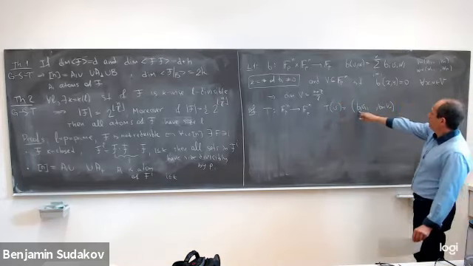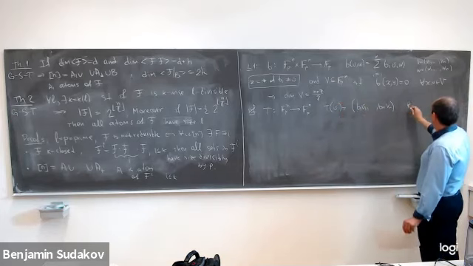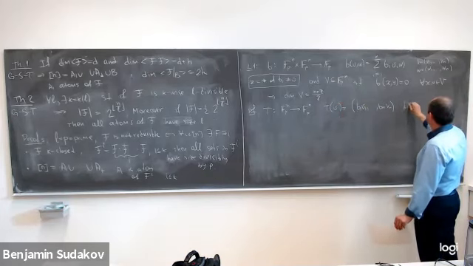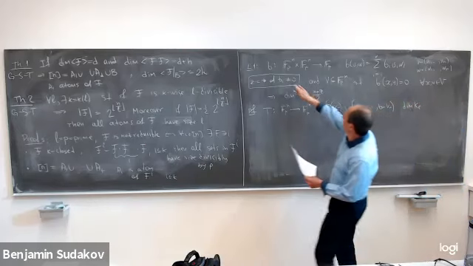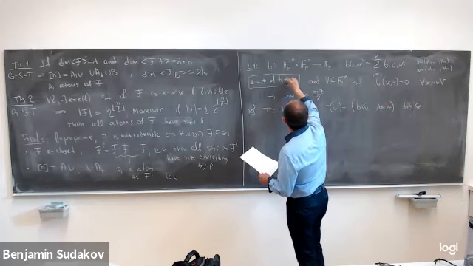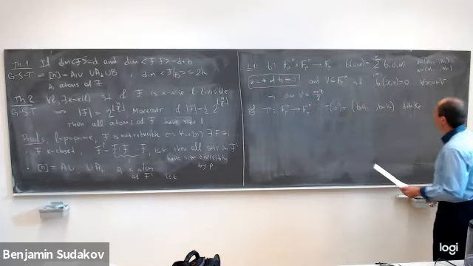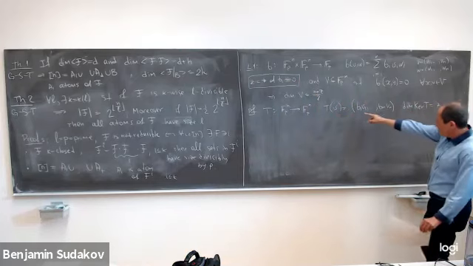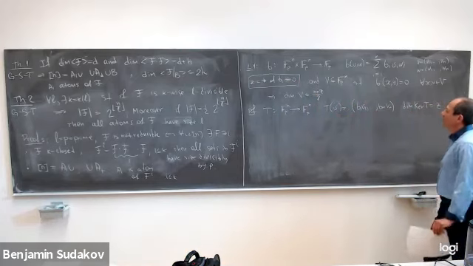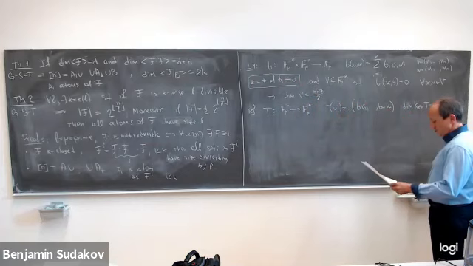Then you observe that the dimension of the kernel, actually, sorry, z is the number of b_i's which are equal to 0. So the dimension of the kernel of T is precisely z, because it precisely makes z coordinates vanish.